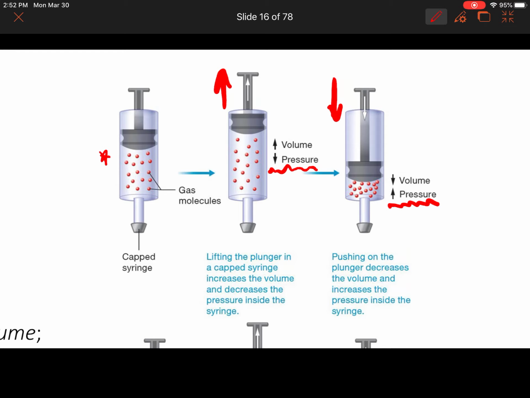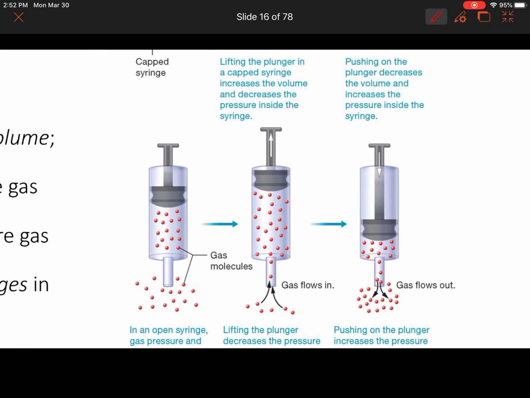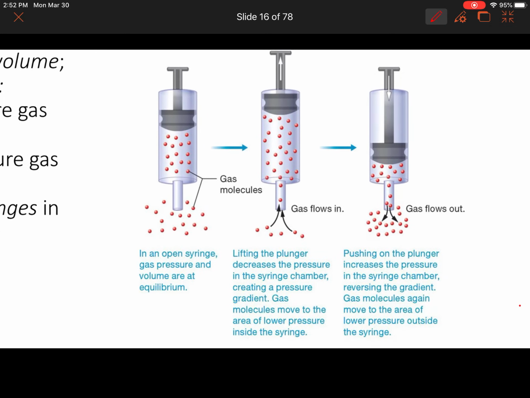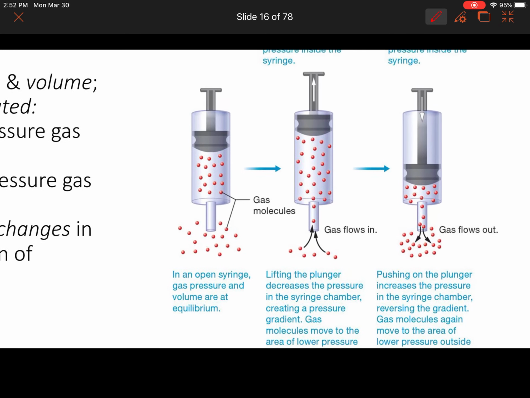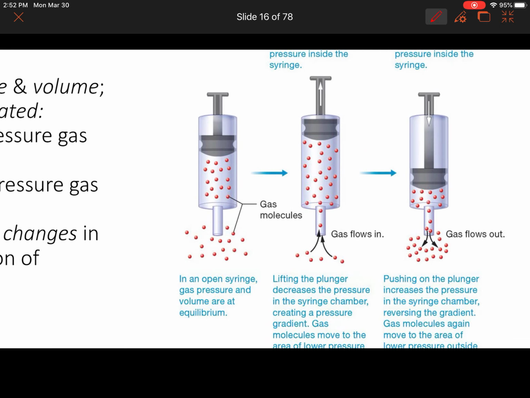All right, so let's take our syringe example here and take off the cap that was holding in those gas molecules. Over on the left is our starting syringe with a given volume of gas or air within it.